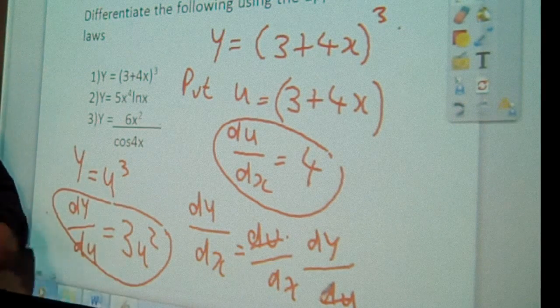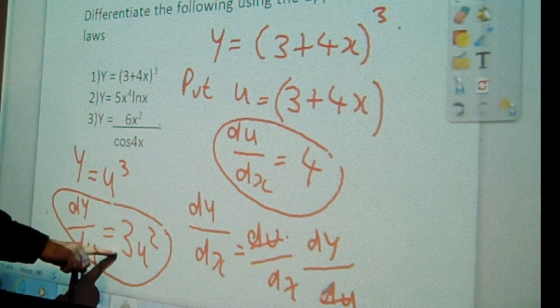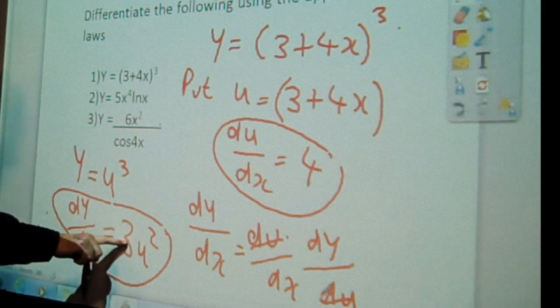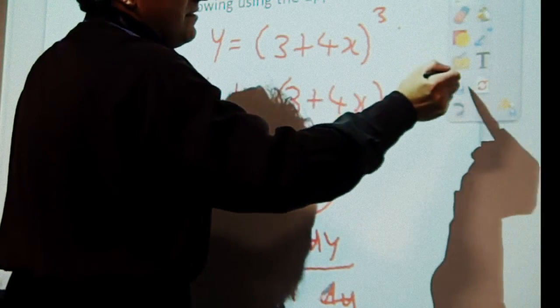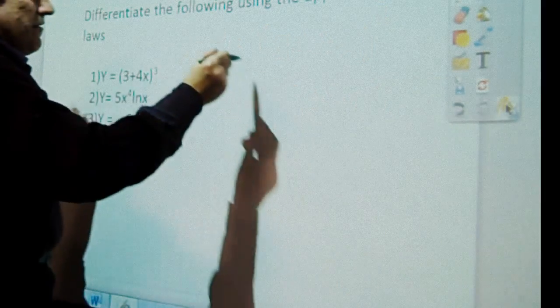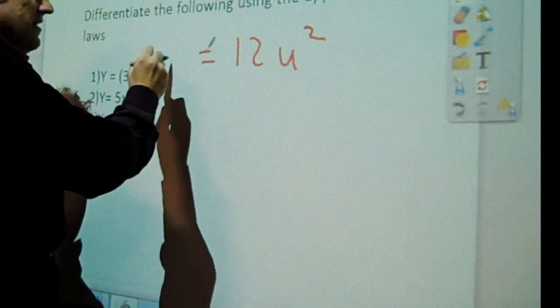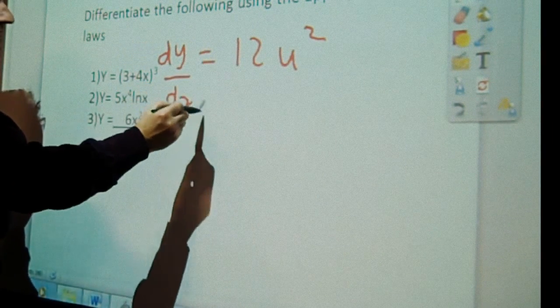Okay, so what we'll do is we'll multiply the 4 by this, so we get 12u squared. See that? The 4 times this is 12u squared. So we've got 12u squared is equal to dy by dx.